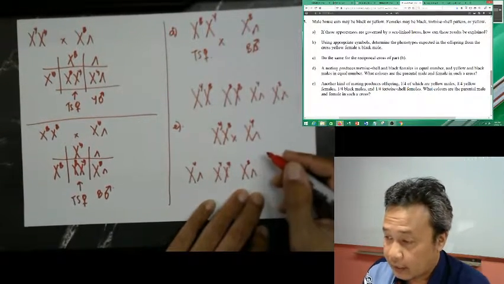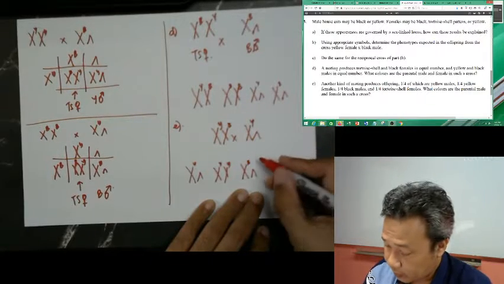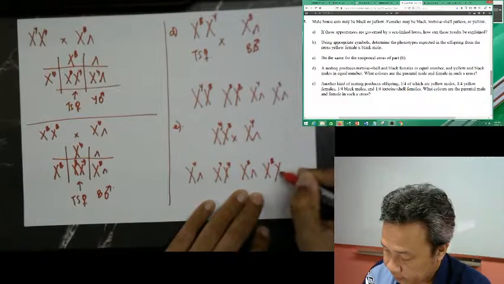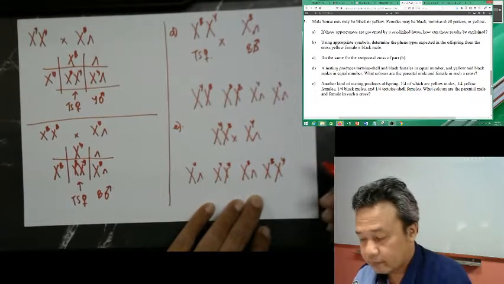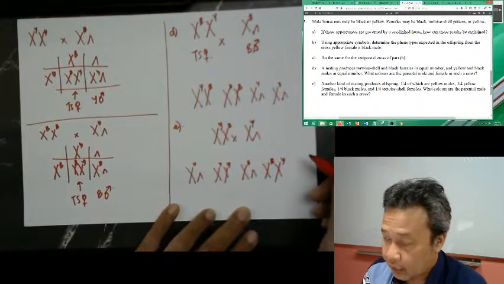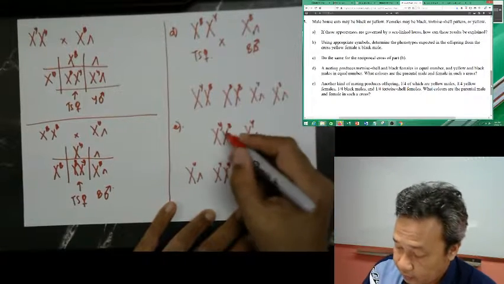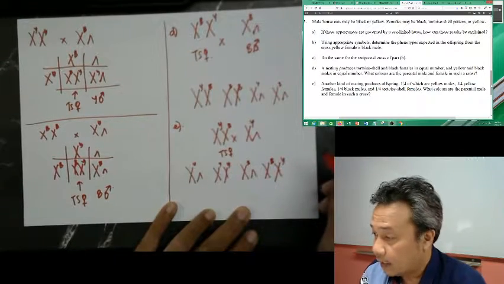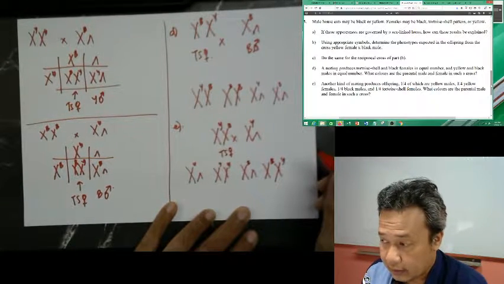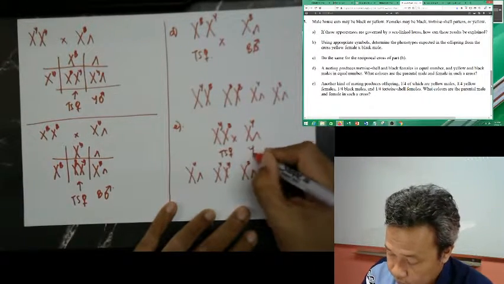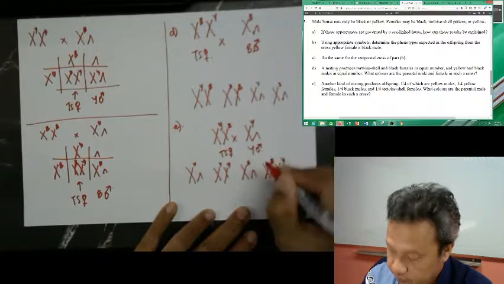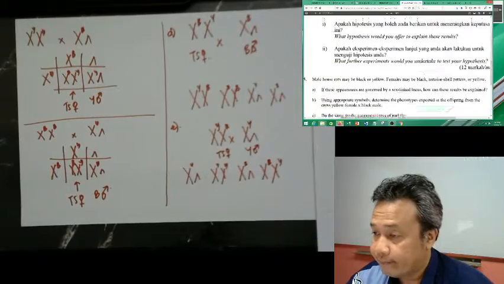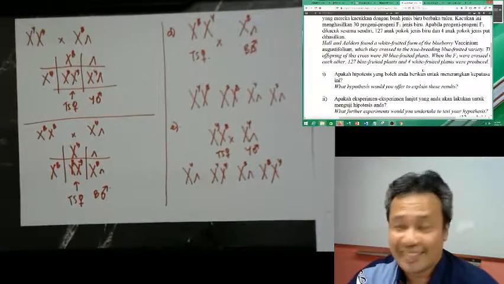And the other ones are tortoiseshell females. So the parental types will be: the female again is a tortoiseshell female, and the male is a yellow. Okay, right, that's it. See you later.